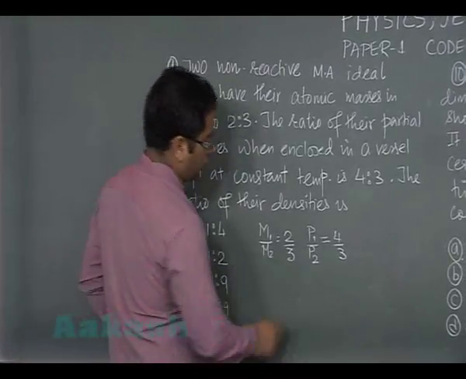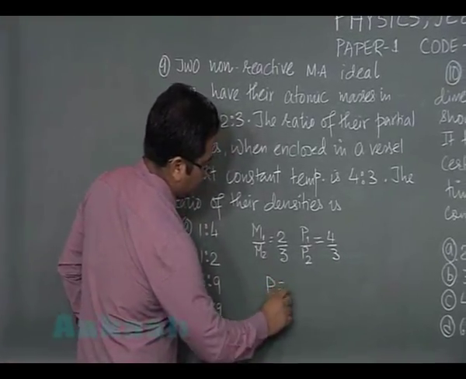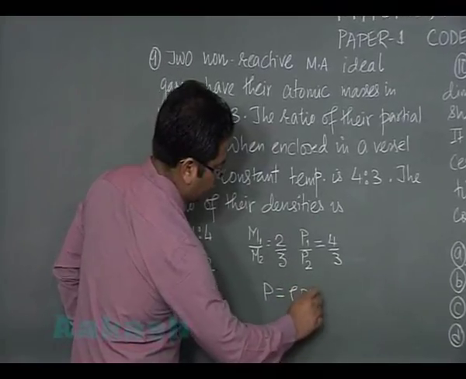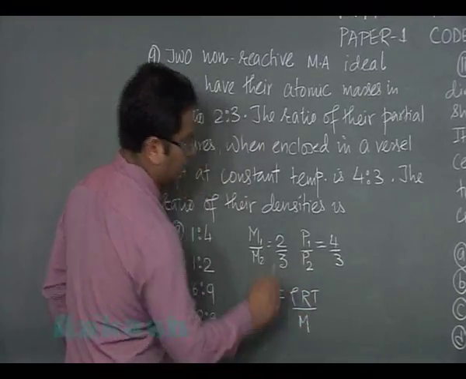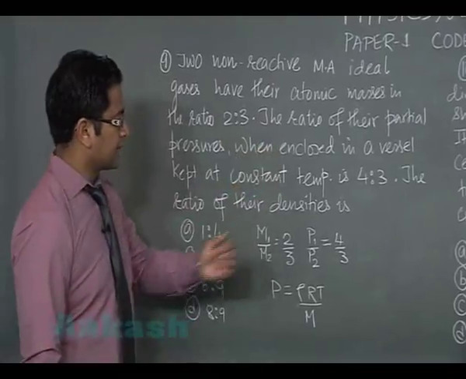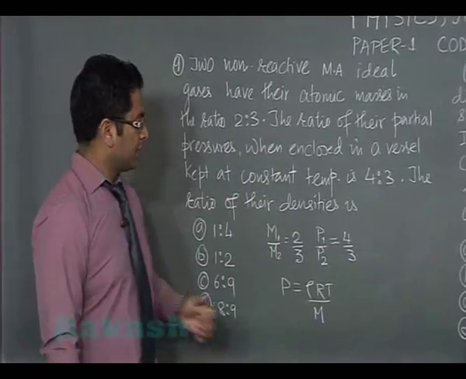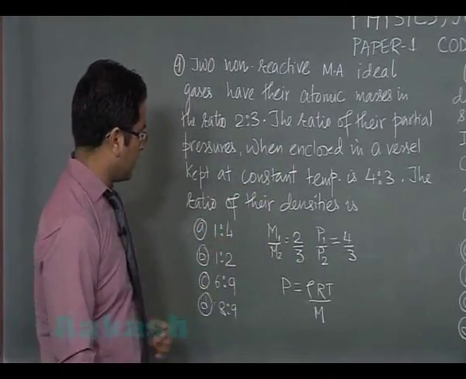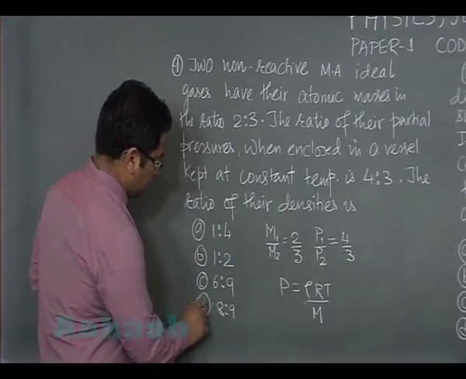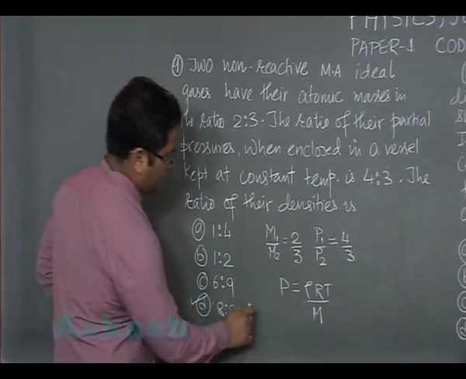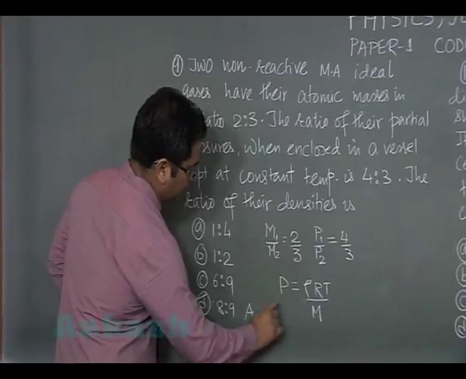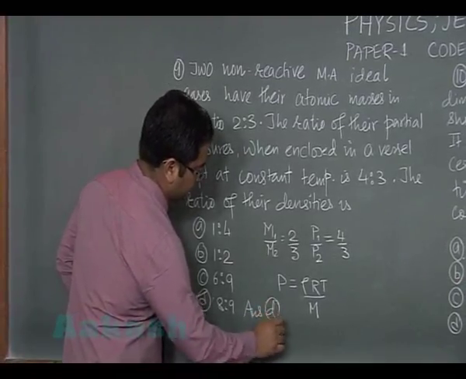And we have to find the ratio of the density using ideal gas equation P equals rho RT by M and Dalton's law of partial pressure. It is very easy to find the ratio, and that will come out to be 8:9. So this one is going to have answer D.